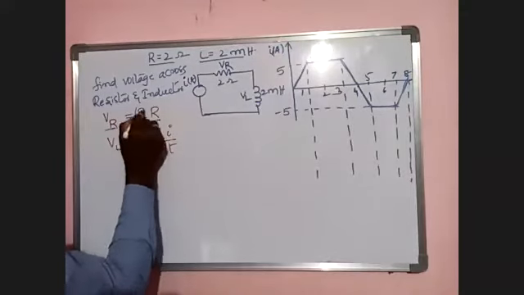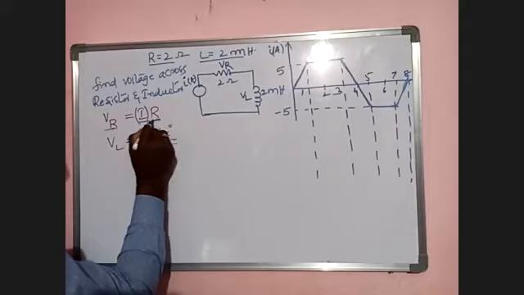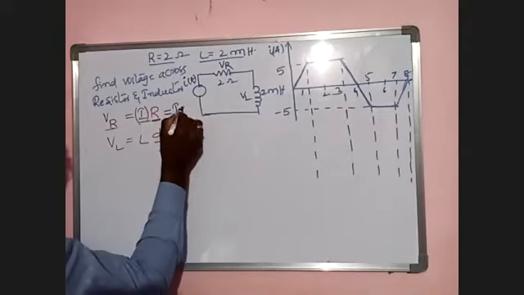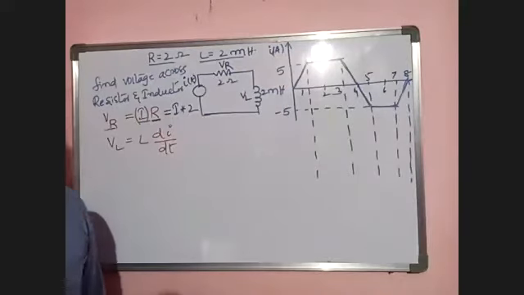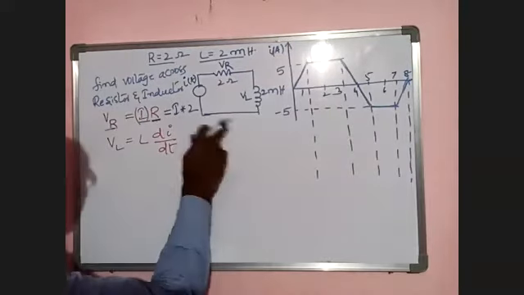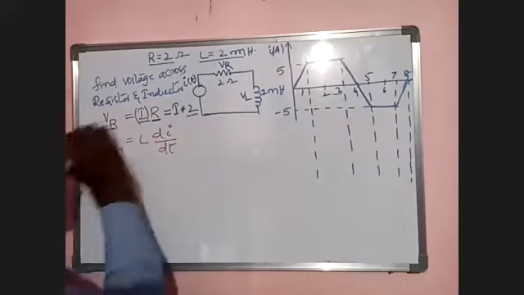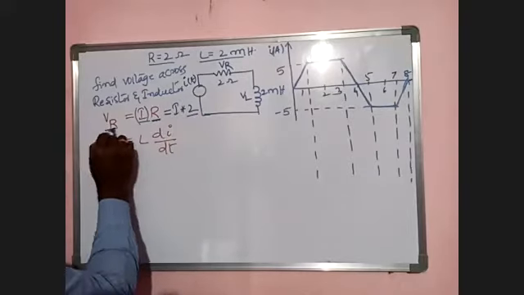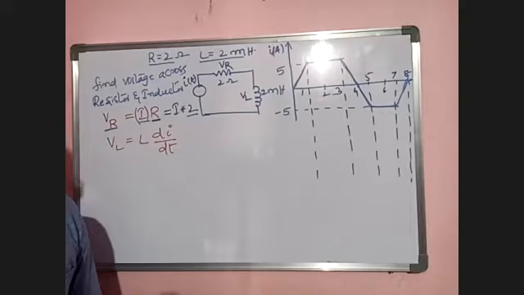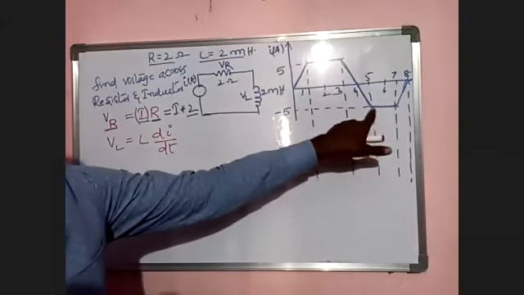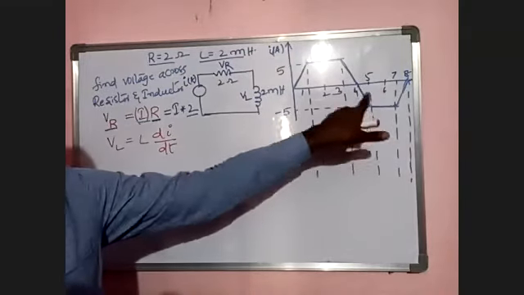So this I is simply multiplied by some constant, 2. It's equal to I into 2. So therefore, at each and every point, you need to multiply with 2 to get VR, the voltage across resistor. So the voltage across resistor VR is of similar kind, and it should be multiplied with 2.